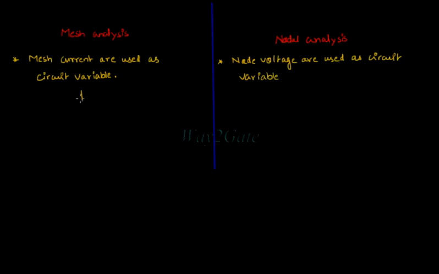Here, in mesh analysis, the KVL equation comes in terms of circuit variables, that is I1, I2, I3 and so on for n meshes.